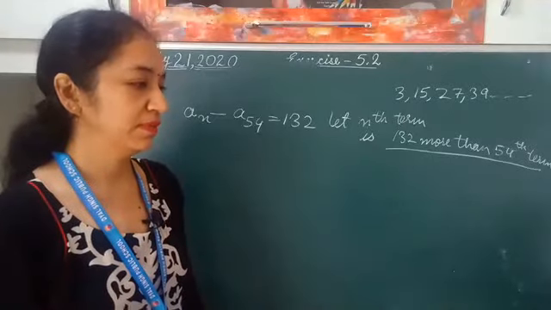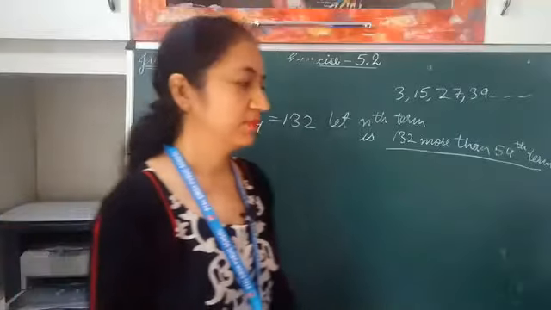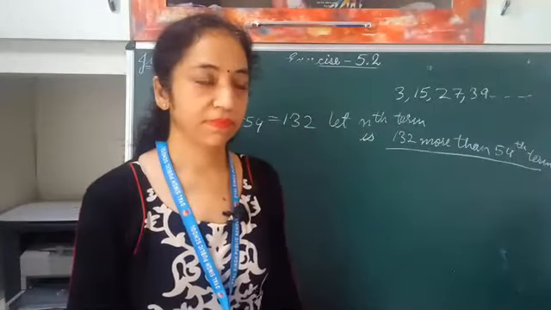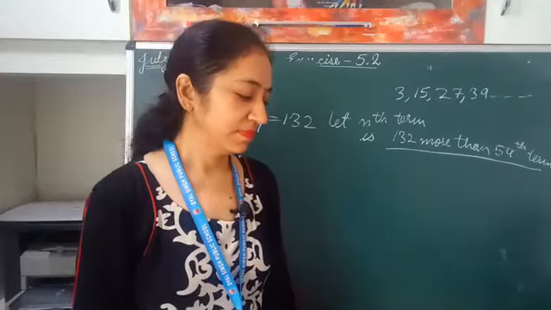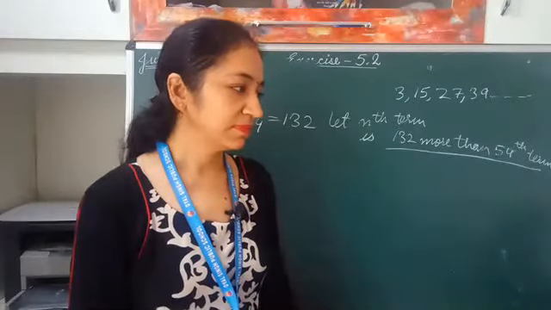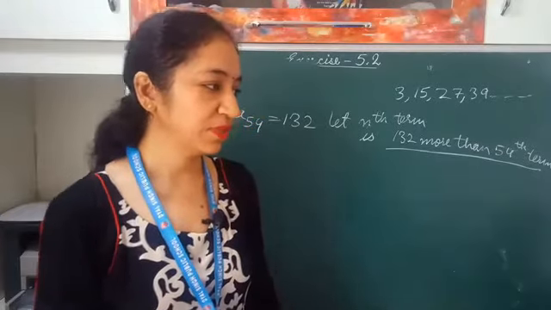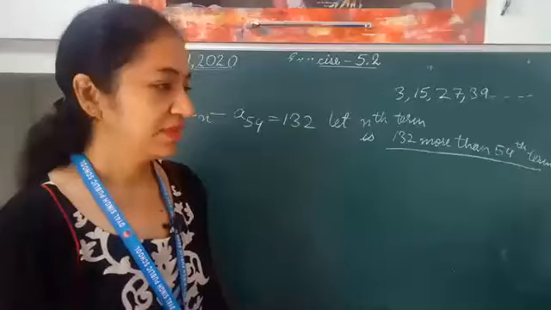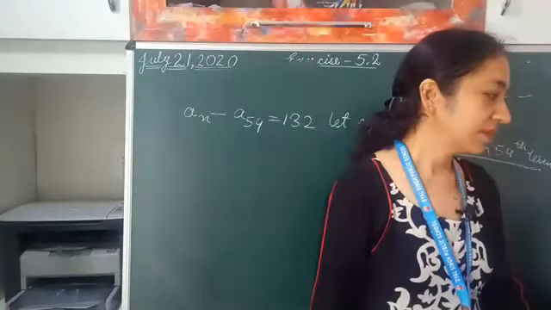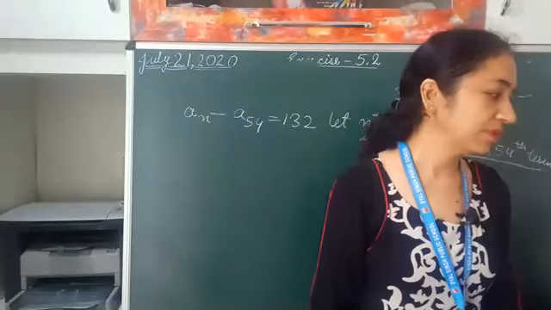Piyush, Kansal. Yes, unmute yourself, please. Yes, ma'am. What is the value of n? 62. No, n is not coming out to be 62. It's 65. Yes, it's 65. Ayushi, what is your answer? 65. Ayushi, how much did you get? Ma'am, I got it, 65.